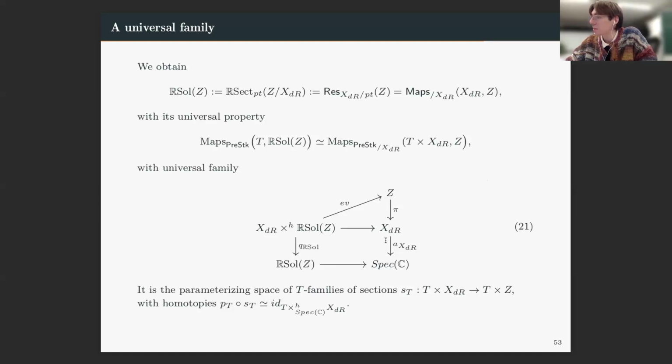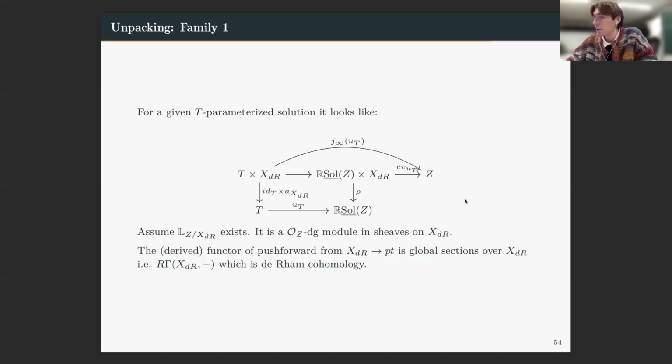Everything is over X_dR relative. So functorialities relative to X_dR are, in fact, de Rham cohomologies by general functor, like the six-functor formalism. So it means if you take a T point, it corresponds to a T parameterized infinite jet of a section. And you could pull back the cotangent complex if it exists.